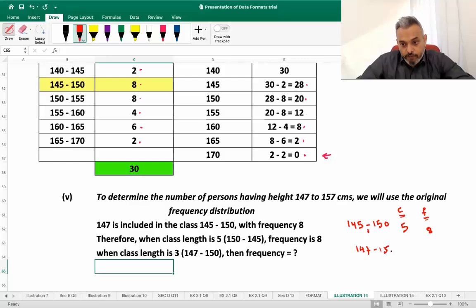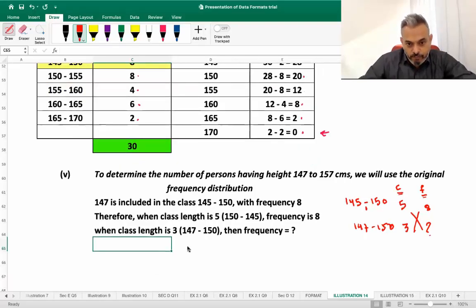So what will be the frequency? We do cross multiplication. Cross multiply 3 into 8. So 3 by 5 into 8, which is equal to 4.8.